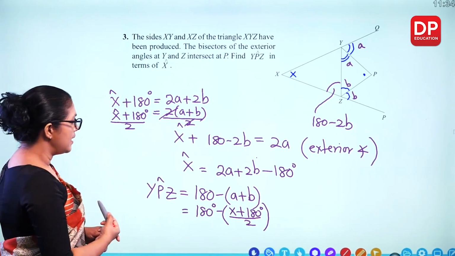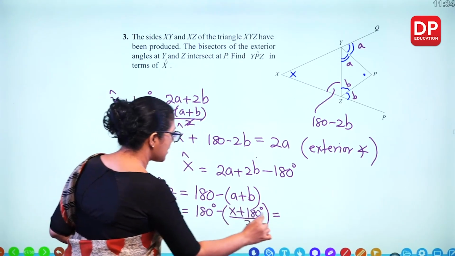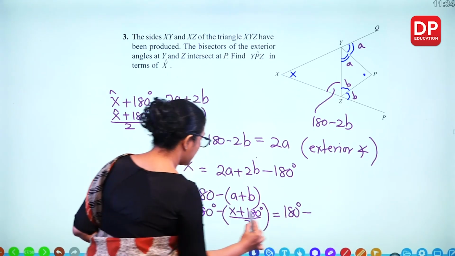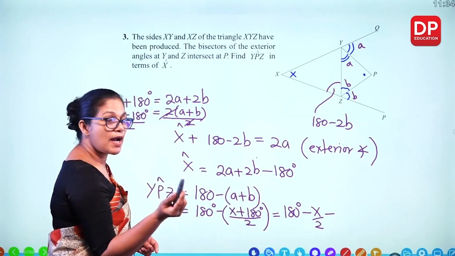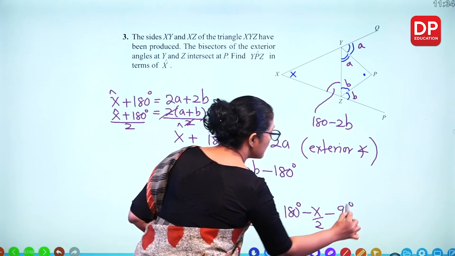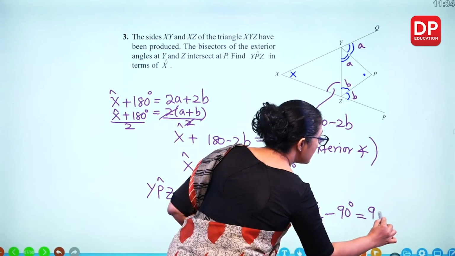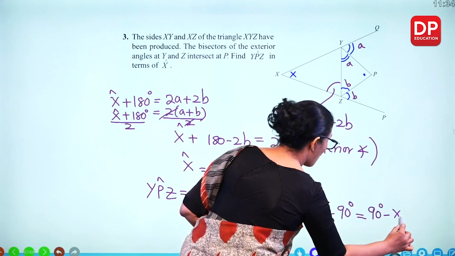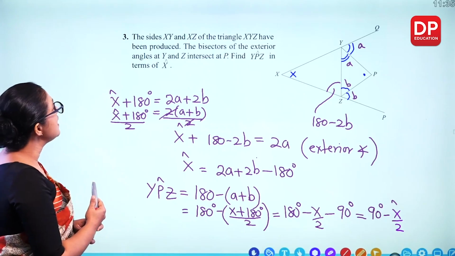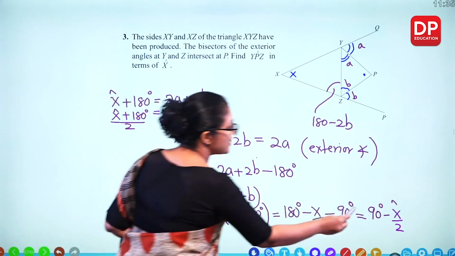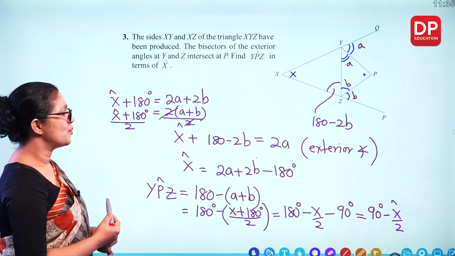Now simplify. When you divide the whole thing by 2, you get 180 minus x over 2 minus 180 divided by 2, that's 90. So what's the angle? 180 minus 90, that's 90 minus x over 2. So this is YPZ. We can write it in terms of x. That's 90 minus x over 2.